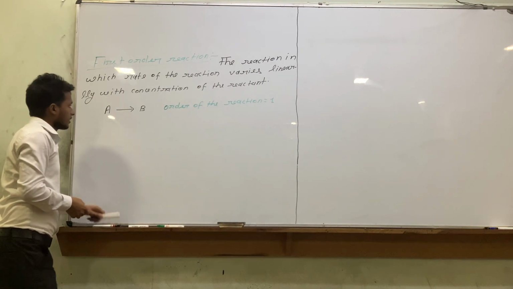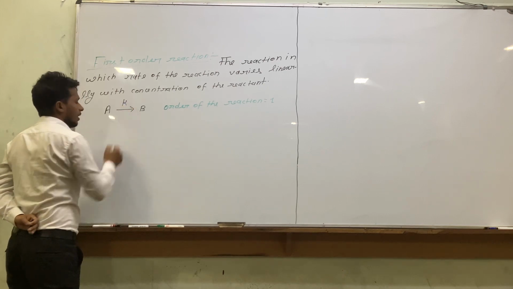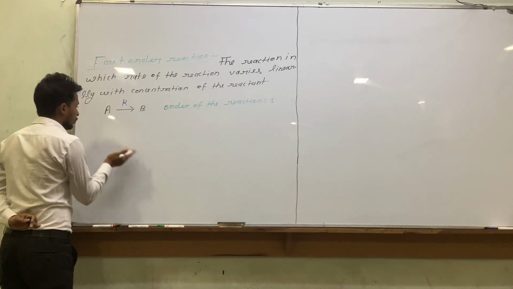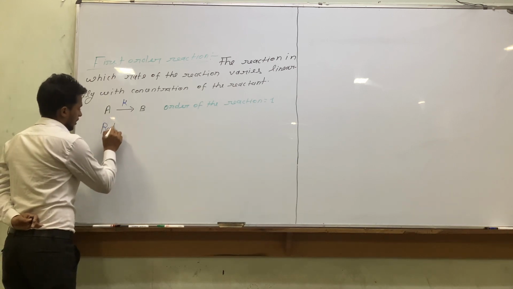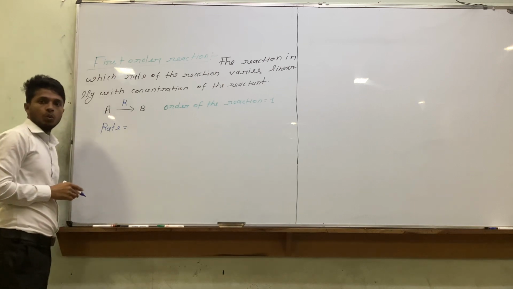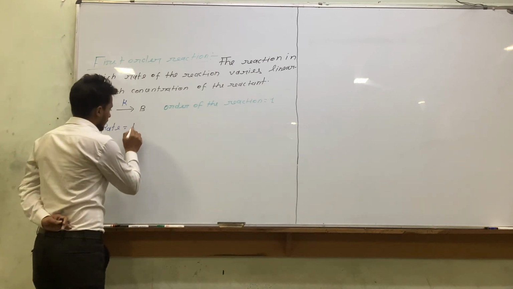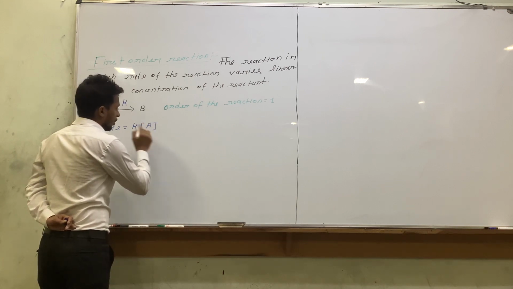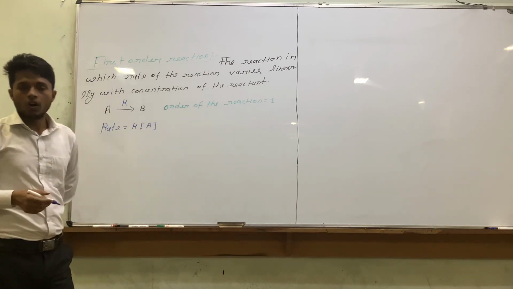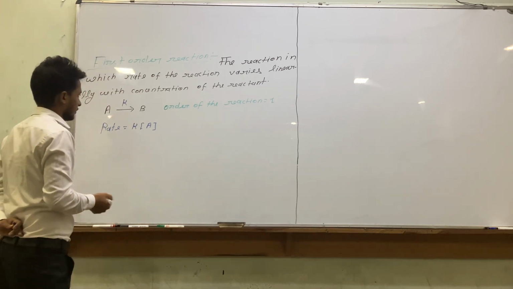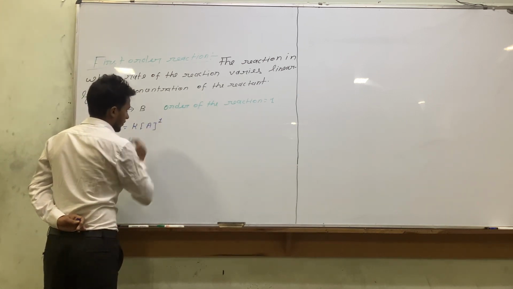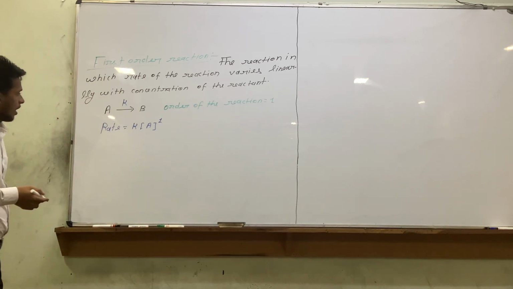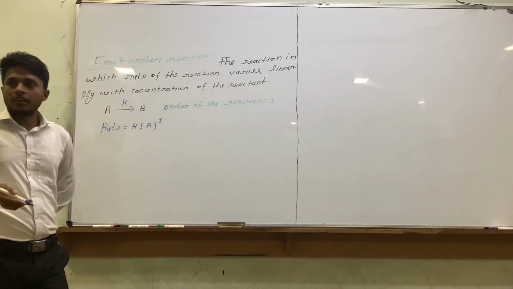If the rate constant of the reaction is equal to k, then I can write its rate law expression. Rate of the reaction is equal to rate constant of the reaction and concentration of reactant to the power order of the reaction. Order of the reaction is equal to 1, as we assumed.